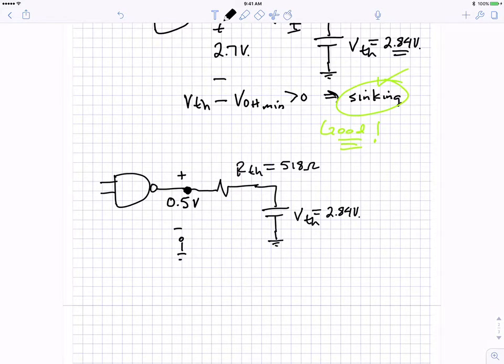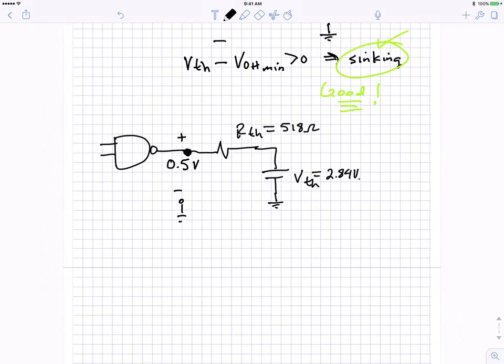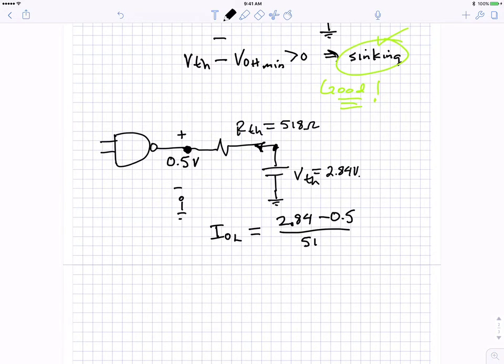And from that, we can see that the output current for the low state is going to be, under these conditions, bounded by 2.84 minus 0.5, right, the current going in. So I have this voltage minus this voltage divided by 518.